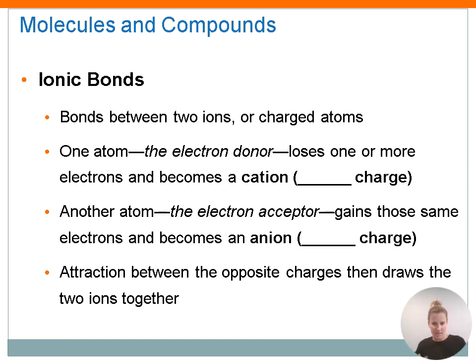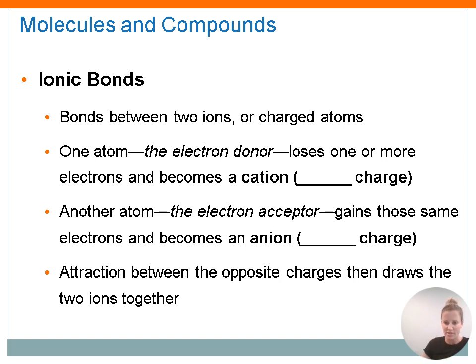Okay, that's the gist of how an ion is formed: by giving away electrons or taking electrons so that protons and electrons are no longer balanced. So with an ionic bond, again, it's a bond between 2 ions, a bond between 2 charged atoms. One atom is the electron donor. It's the one who's giving away electrons. That atom loses 1 or more electrons and becomes a cation.